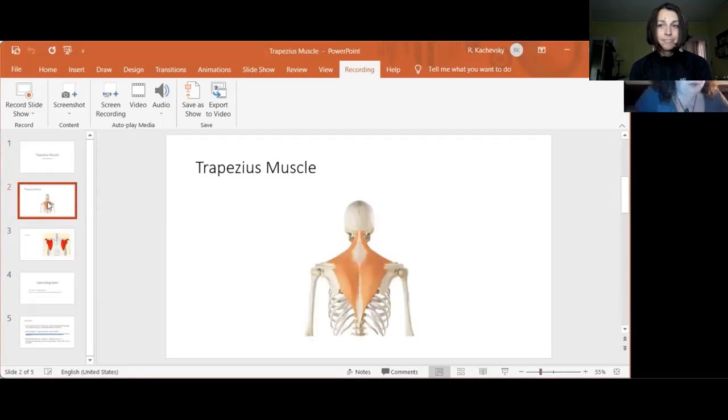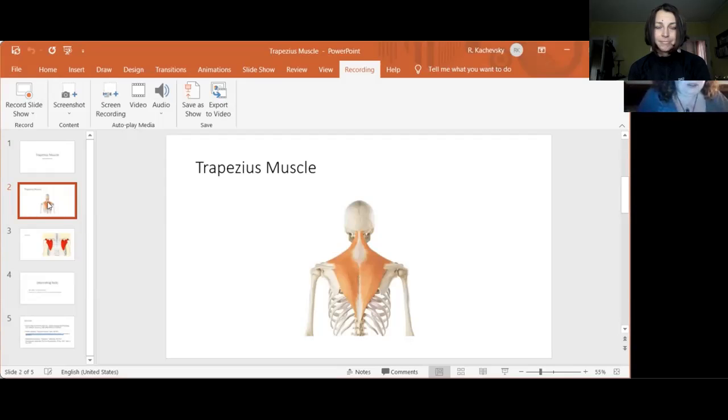The superior fibers start at the occipital bone and insert at the lateral third of the clavicle. This part of the trapezius is referred to as the descending part of the trapezius. The middle fibers run from the midline of the body from the spinous processes of C1 through C6 vertebrae and supraspinous processes of vertebrae C7 through T3.